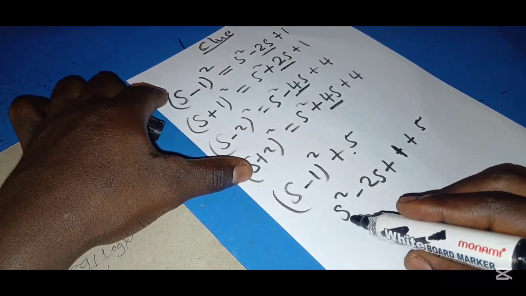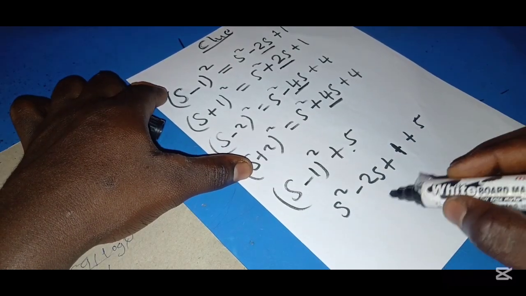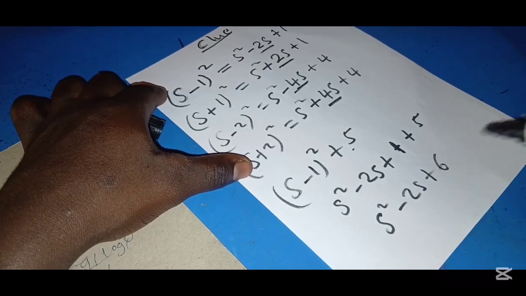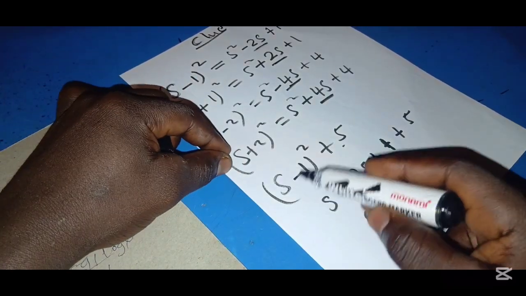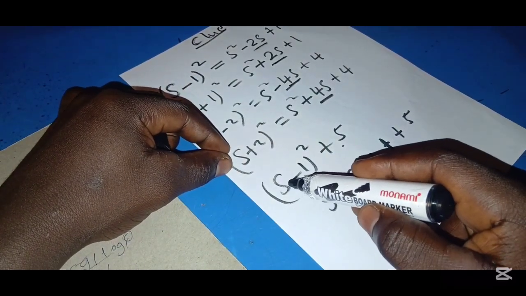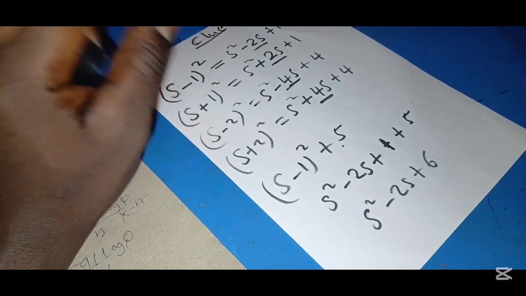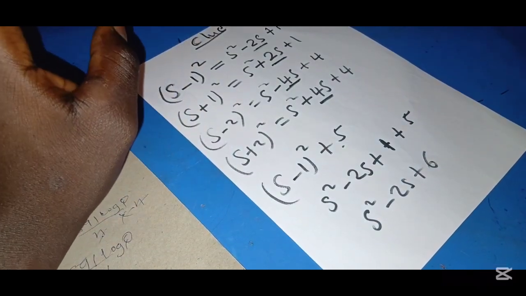So at the end of the day, we are going to simplify this further, which is s squared minus 2s plus 6. This means that the square here has an effect on the value that was here, right? Good. That is it. Just know that.